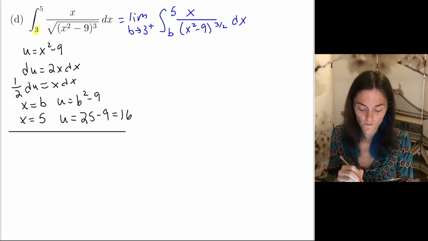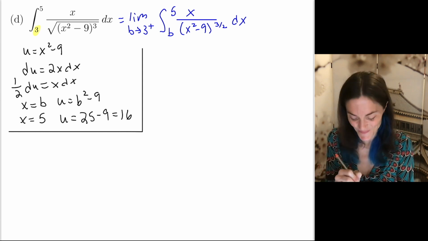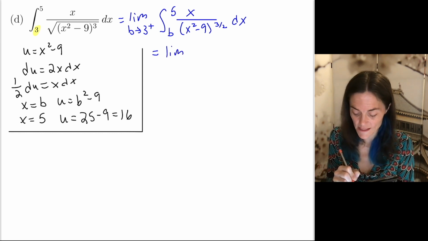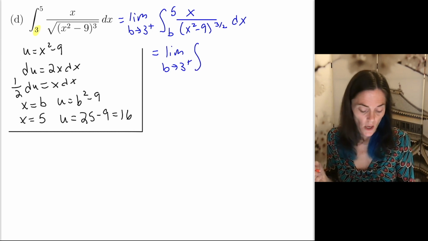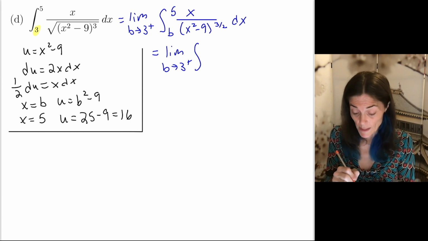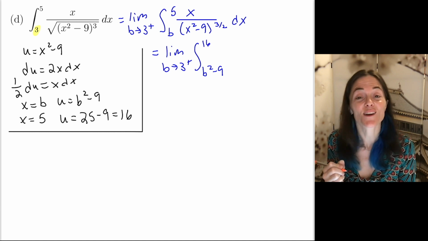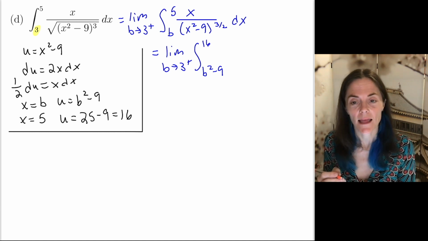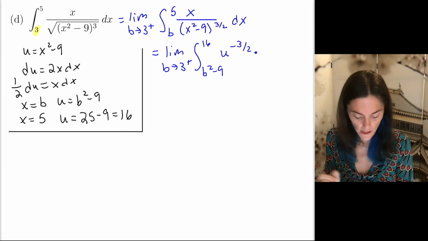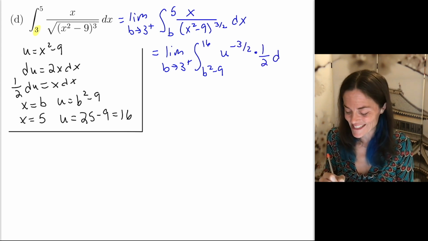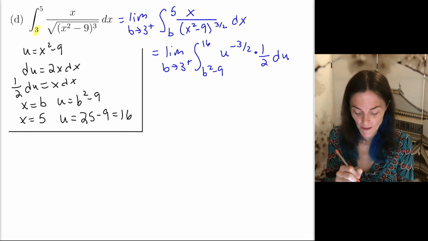Okay, so here's my work for substitution. And now I'll just continue the problem over here. This is a limit as b goes to 3 from the right, of an integral. My limits have changed. It goes from b squared minus 9 to 16. These are u limits of integration. And then I have u to the minus 3/2 times 1/2 du. Well, I'm ready to integrate.